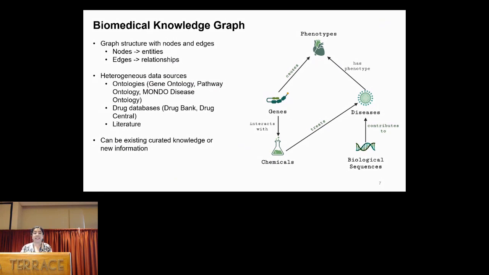Knowledge graphs can contain heterogeneous data sources, so they can include biomedical ontologies, data from different databases, literature sources, or all of these together. They can also have existing curated information or new information, and construction and application of these large-scale biomedical knowledge graphs has become very popular for drug repurposing applications, drug target prediction, protein-protein interaction prediction, and you might have seen a lot more of them.